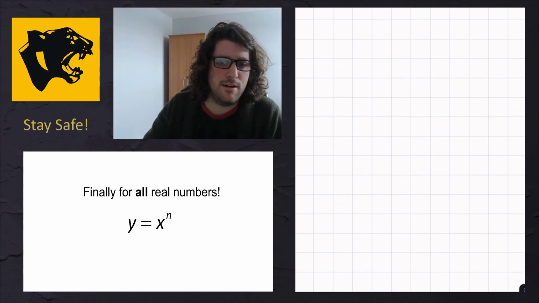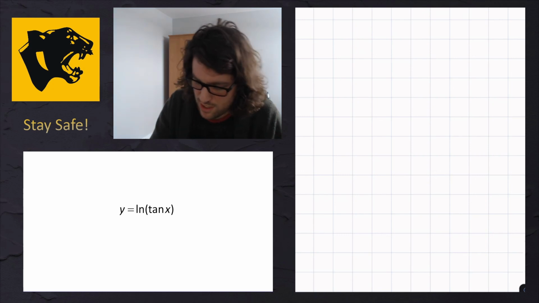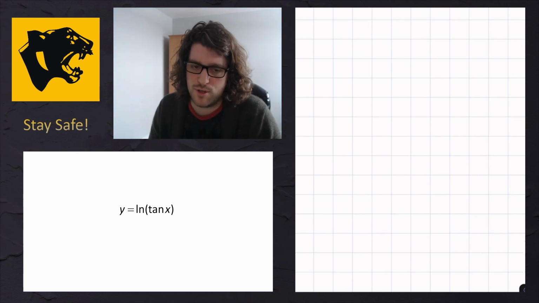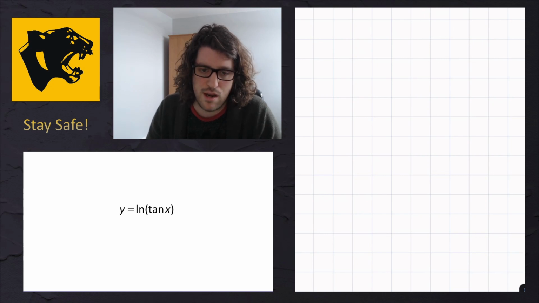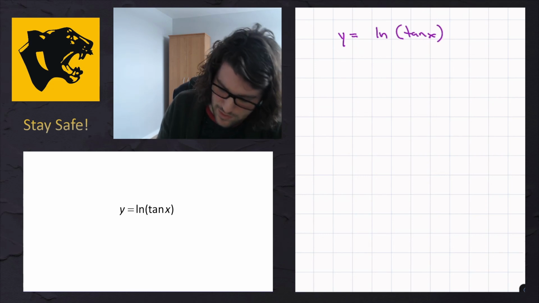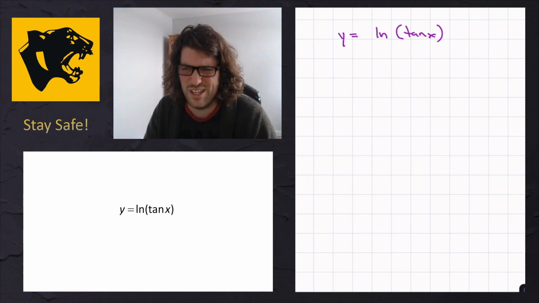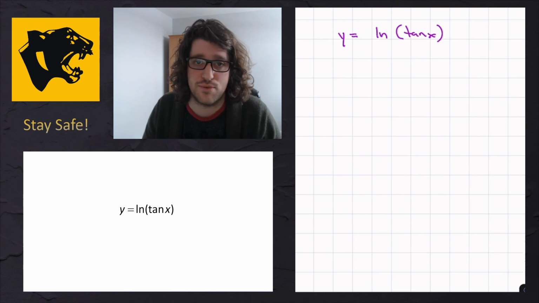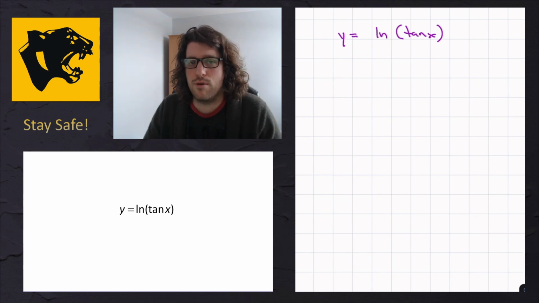All right, now let's take a couple little things to finish off. Just play around with the derivative of logarithms. In this case, if I have y is equal to the natural log of the tan of x, again, we could put the absolute value, but I'm probably not going to throw it around everywhere, only when we really need to.